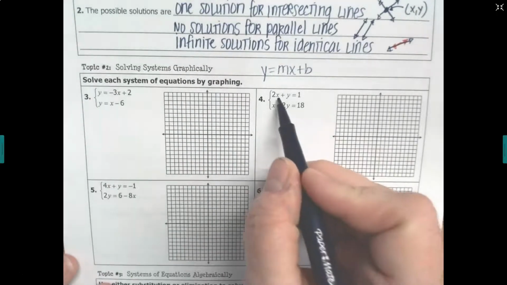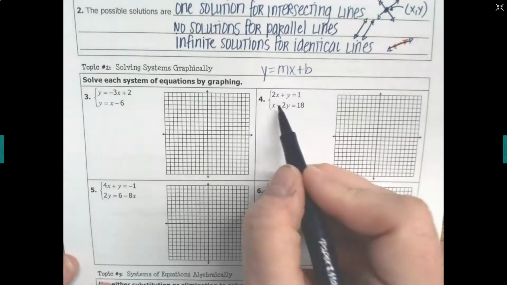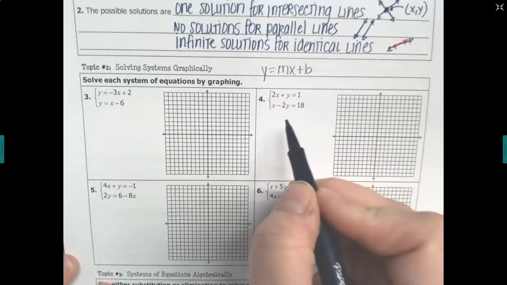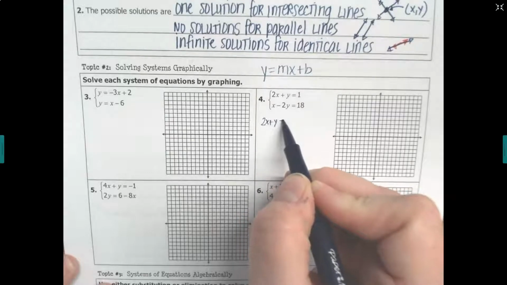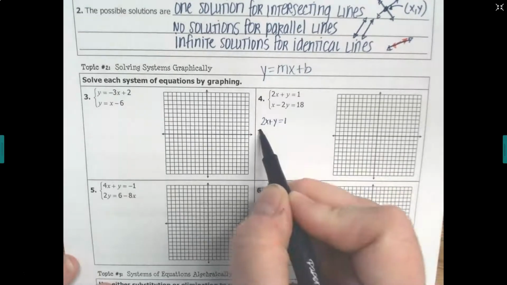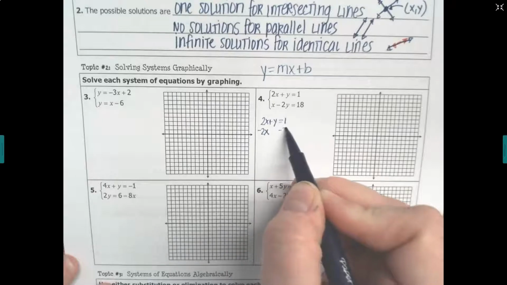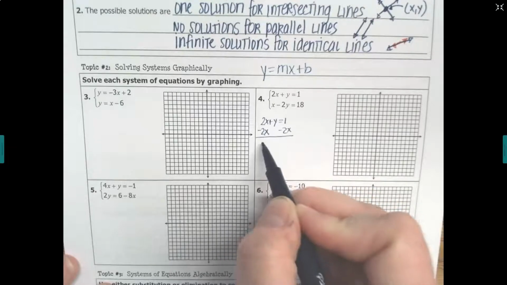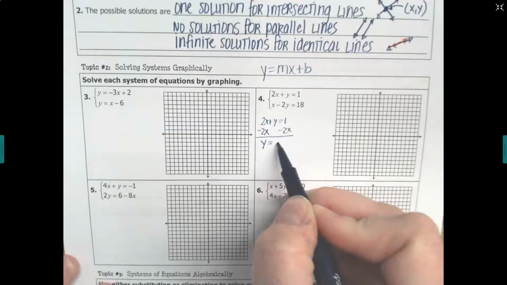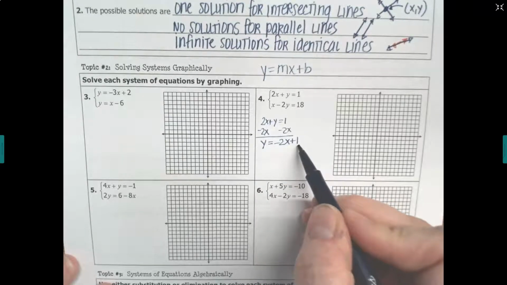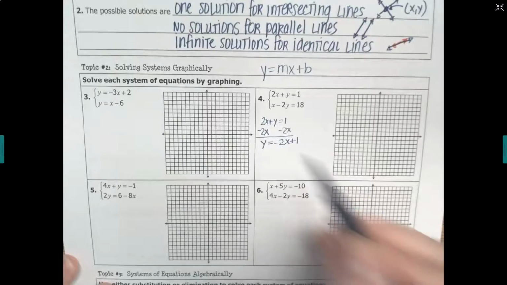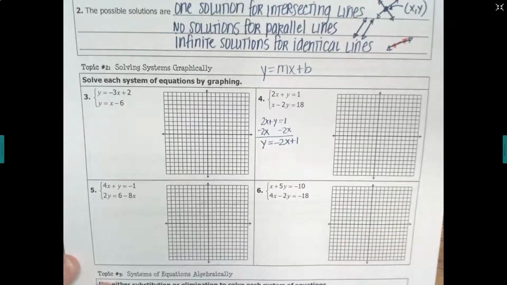When I look at the first equation, 2x plus y equals 1, I want to put this in slope-intercept form, so I'm going to subtract the 2x to move it over. And we have y equals negative 2x plus 1. From there, you start with your y-intercept and then graph your slope.